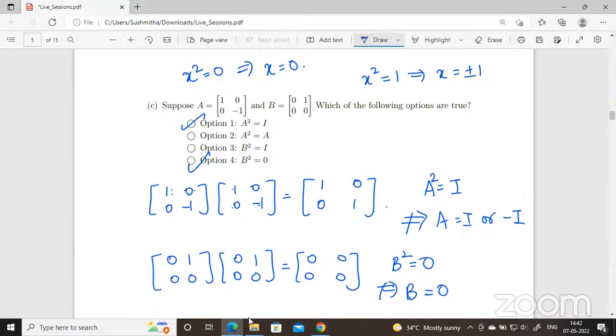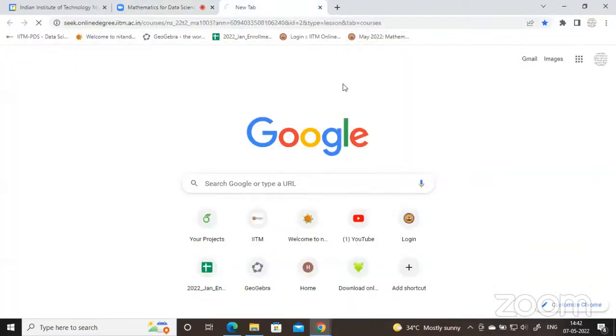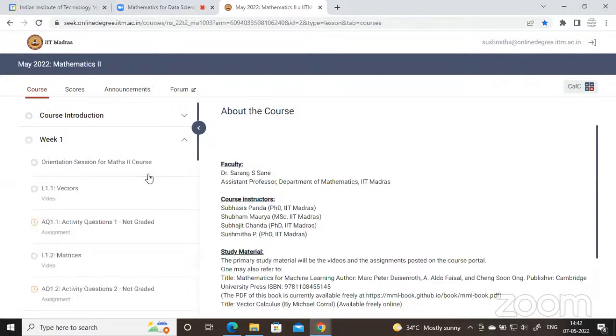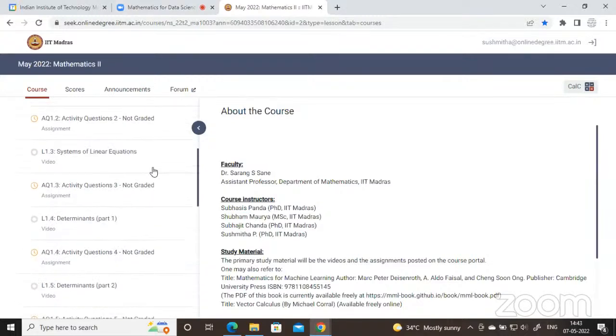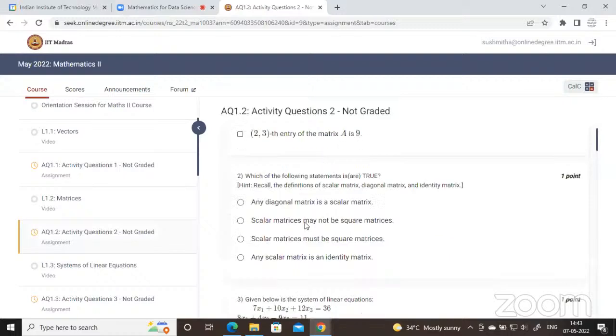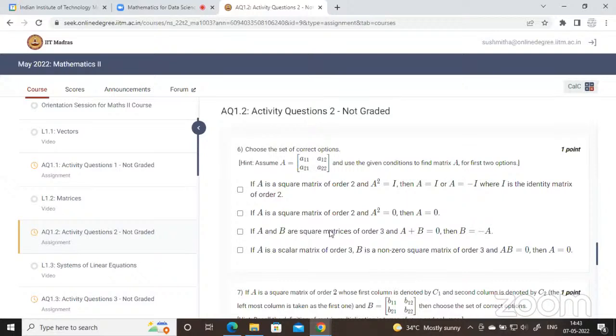Okay. So you have seen this kind of questions in activity questions, right? Ma'am, actually there is a question in activity 1.2, question number 6. Ma'am, you just have shown the examples of that.